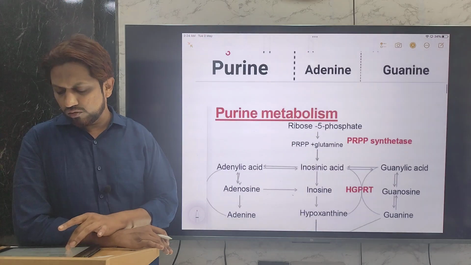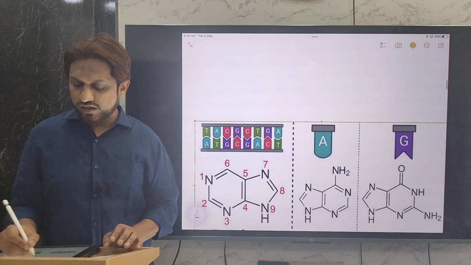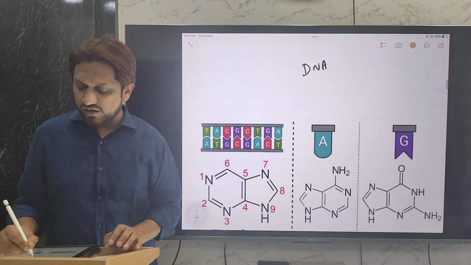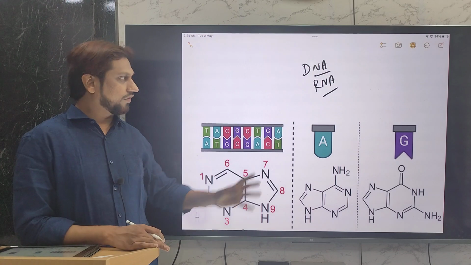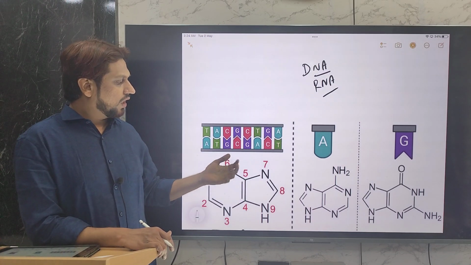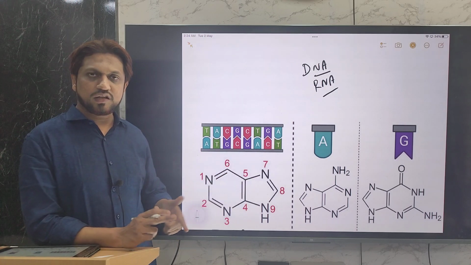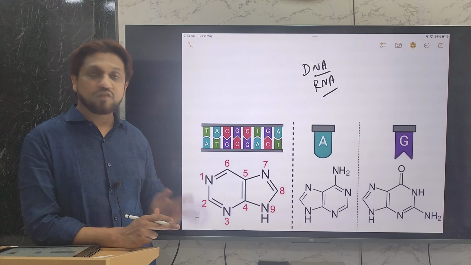Purines are important constituents of nucleic acids like DNA and RNA, which are important for transferring genetic material inside the cells. DNA and RNA consist of a nitrogenous base, a pentose sugar, either ribose or deoxyribose, and a phosphate group.